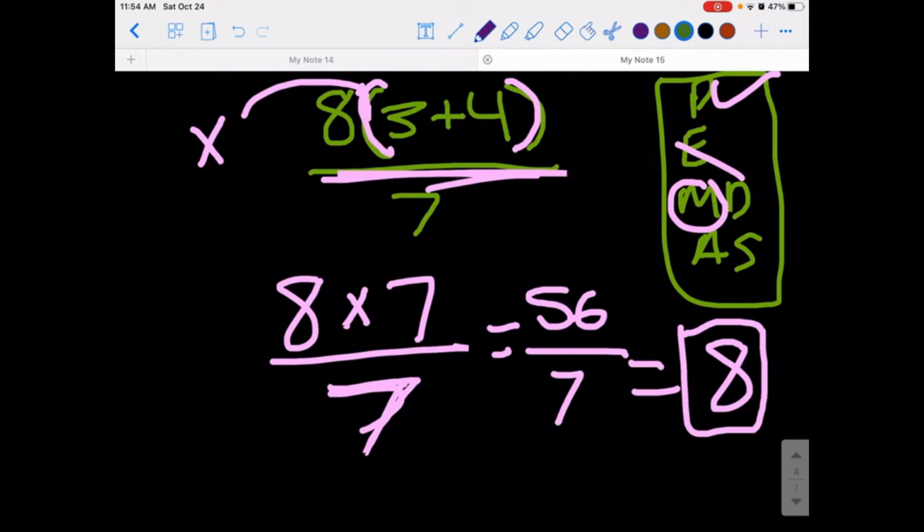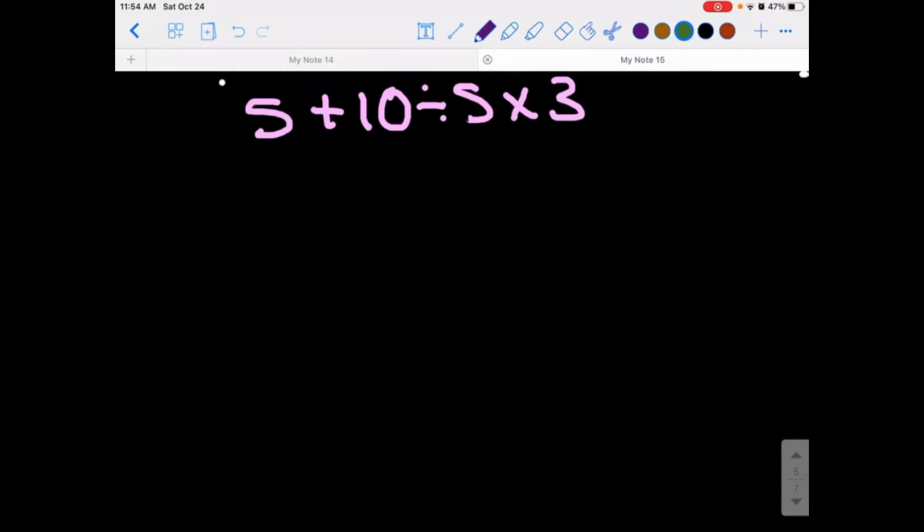Good job. Now let's talk about why parentheses matter. So I'm going to write this problem: 5 plus 10 divided by 5 times 3 minus 1. Now let's try this problem again, but this time let's put parentheses.